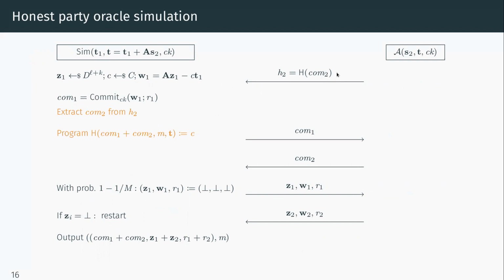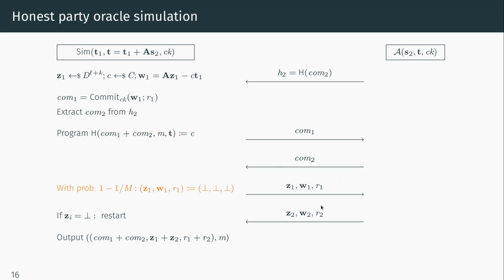And then thanks to the hash commitment from the adversary, by keeping track of the random oracle queries, the simulator can extract the adversary's share of the commitment, COM2, and then program the random oracle before sending back the first message of the simulator. This random oracle programming is very critical, COM1 plus COM2.